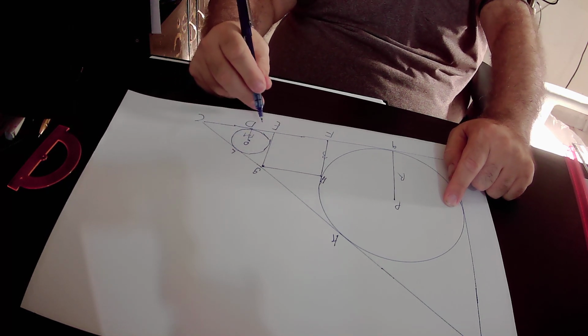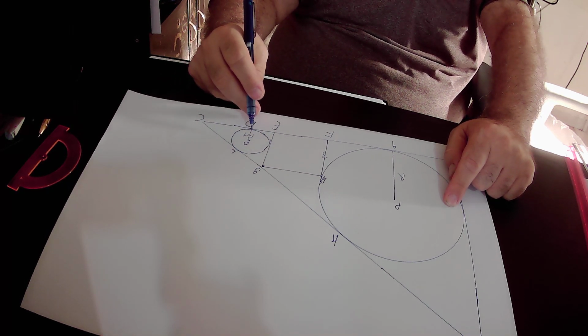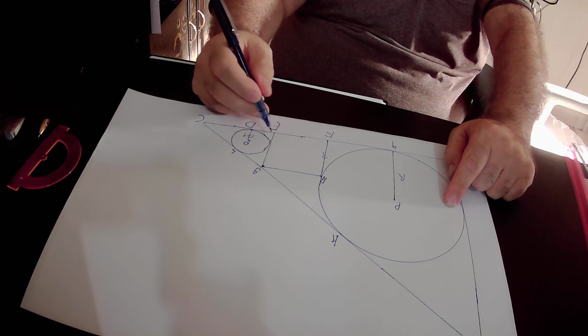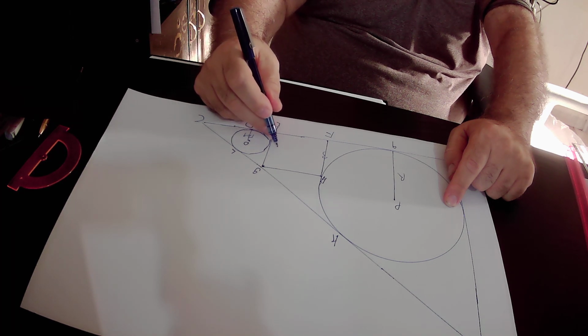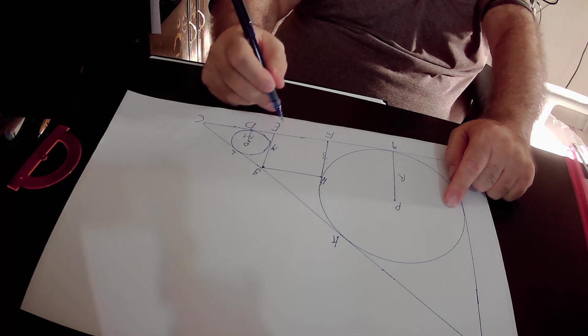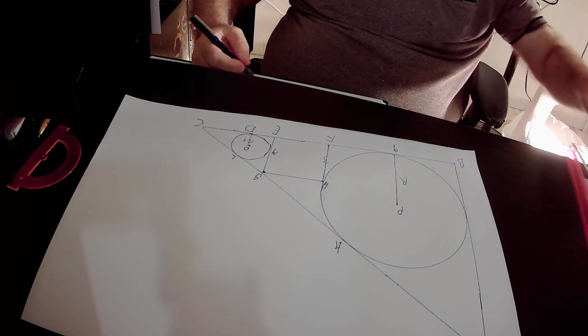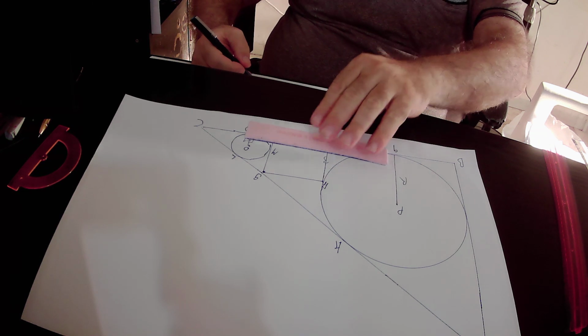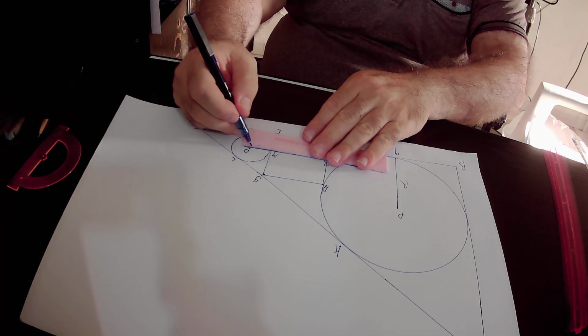And we define the point of tangency of the small circle with the square as M. We join points O and M together by a straight line.